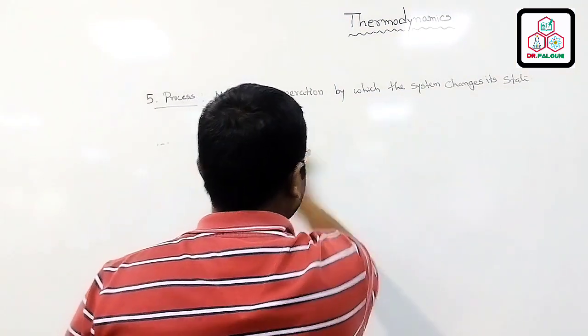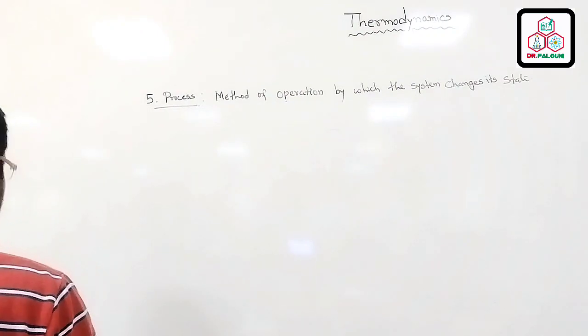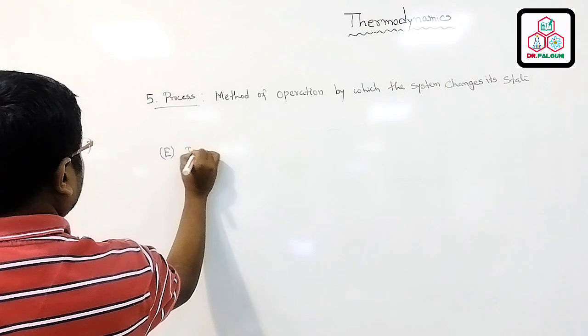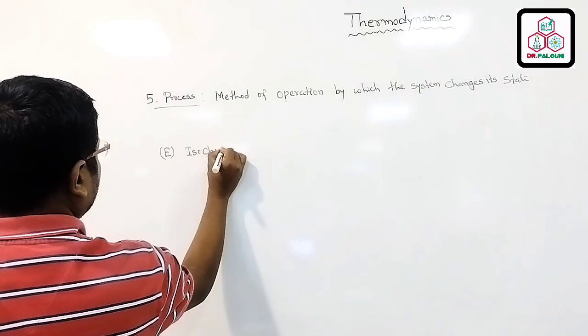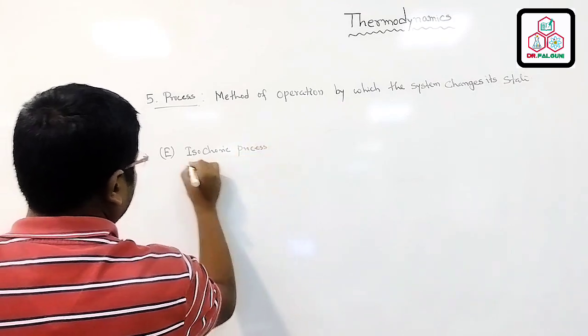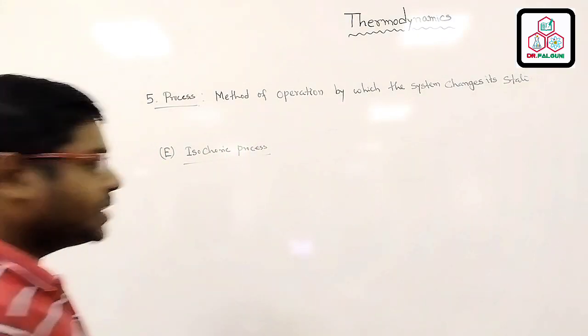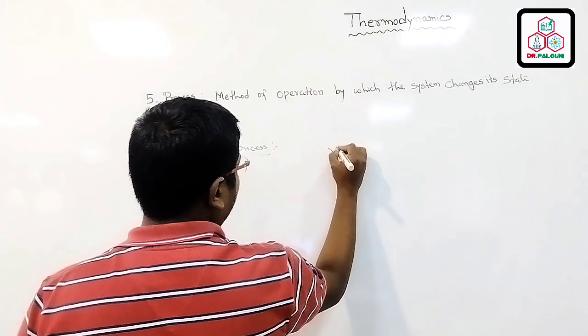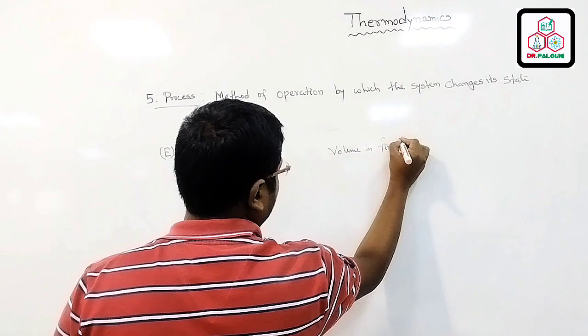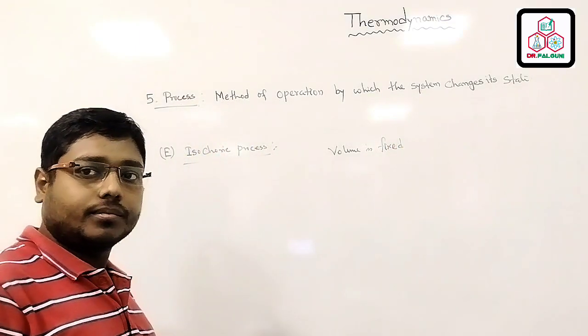Next is isochoric process. In isochoric process, such a kind of process where volume is fixed or constant.